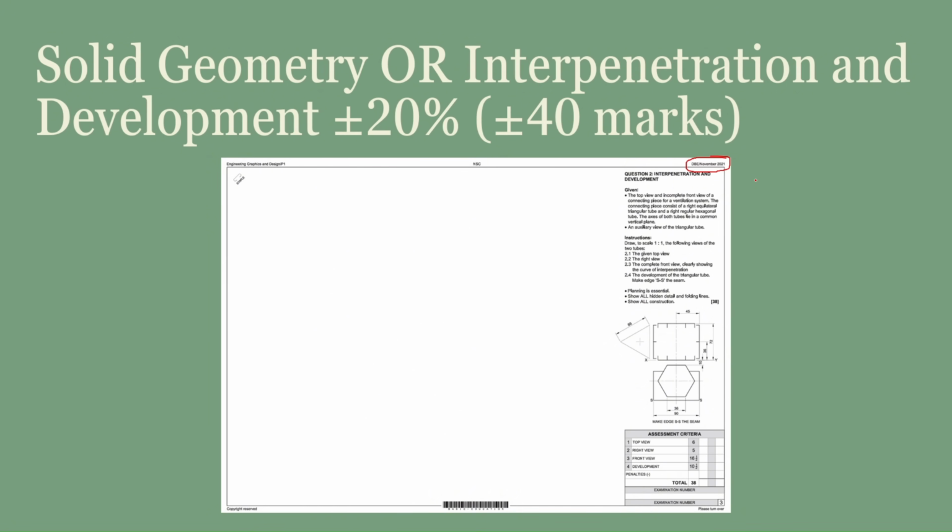So my advice to you is to go through both of them and make sure that you understand how to answer both. Interpenetration and development and solid geometry are very close to each other. The only difference with interpenetration and development is that you need to develop a certain object. But most of the rules that we follow in solid geometry, we are going to implement in interpenetration and development.